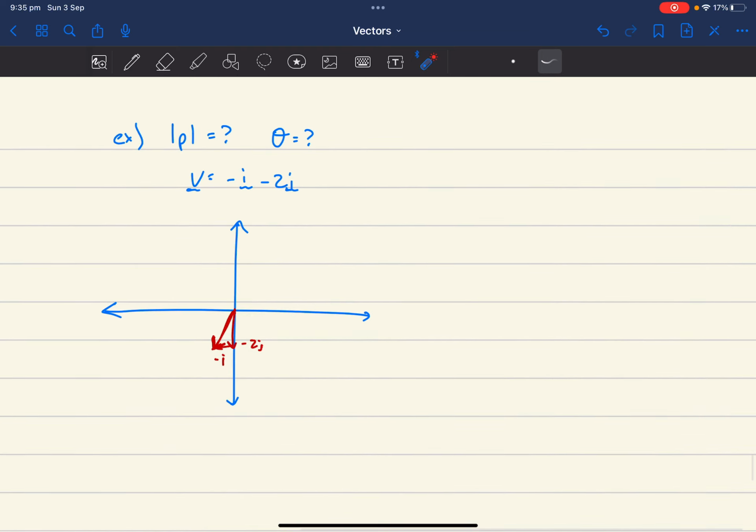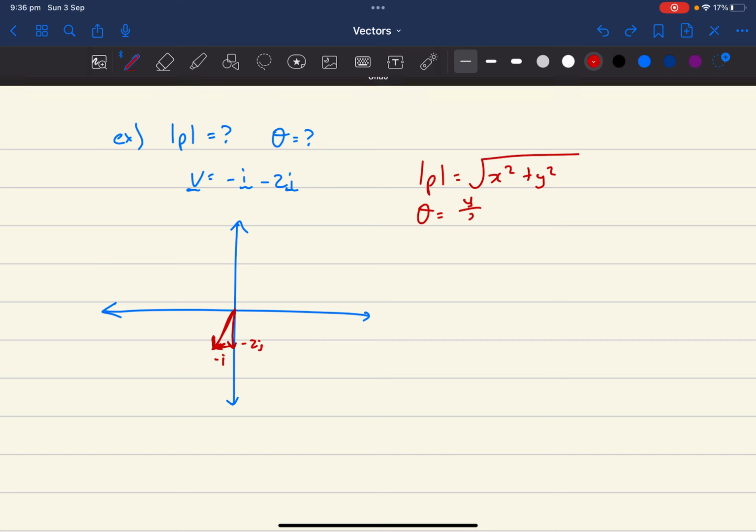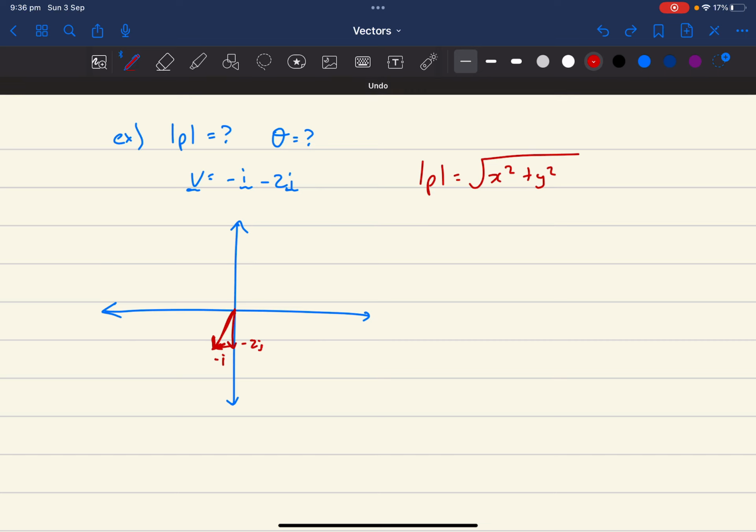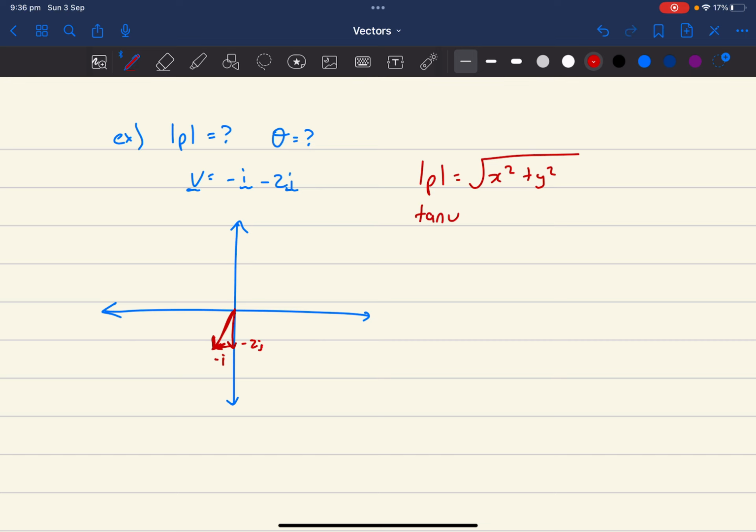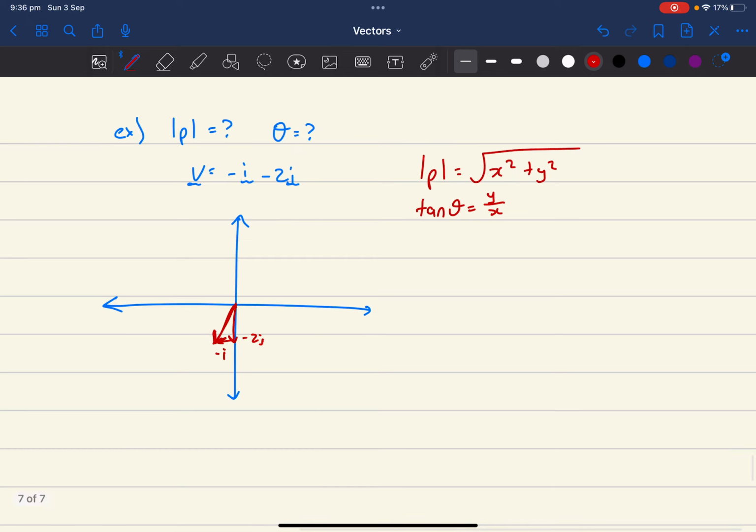Okay, so remember how we can find the length. I'll just rewrite it in case you've forgotten. This is the formula for length. The formula for angle is tan theta equals y over x, right? So let's find the length first.